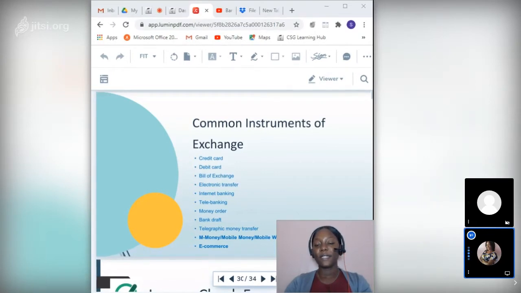Now, this service usually is provided by the same telecommunications mobile service provider, right? And the customer's cellular phone number serves as his or her unique account number as well. Using this, customers can transfer funds to another person, pay for small business transactions, or even withdraw funds from their M-money account, right?